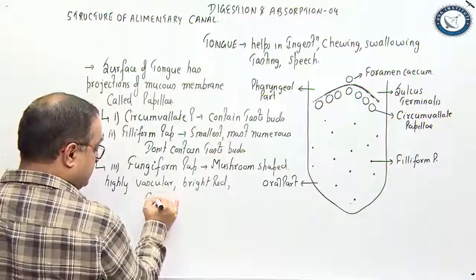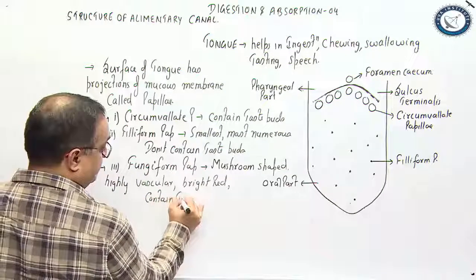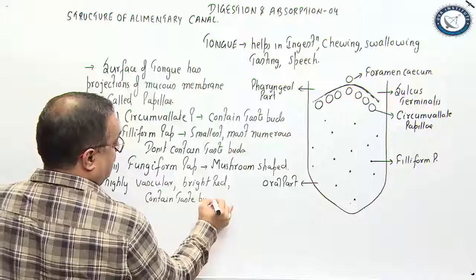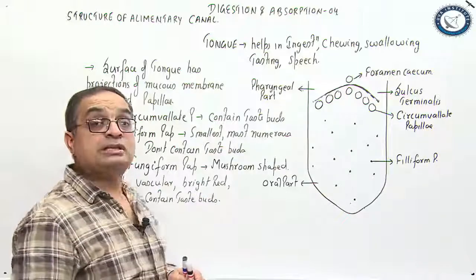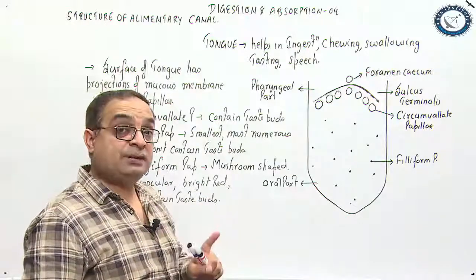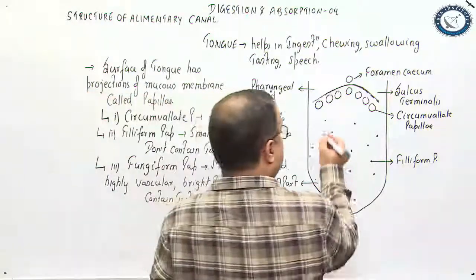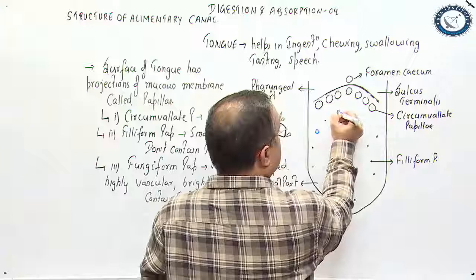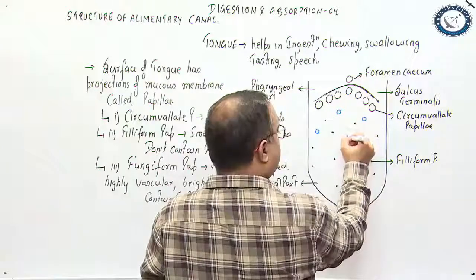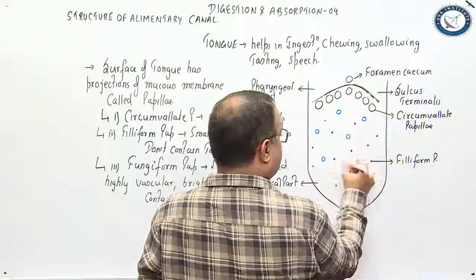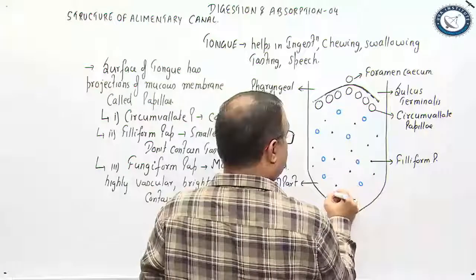These contain taste buds. So if you are asked a question, which are the most abundant taste bud containing papillae? The most abundant taste bud containing papillae are fungiform. They are smaller in size than circumvallate, but they are larger in size than filiform.